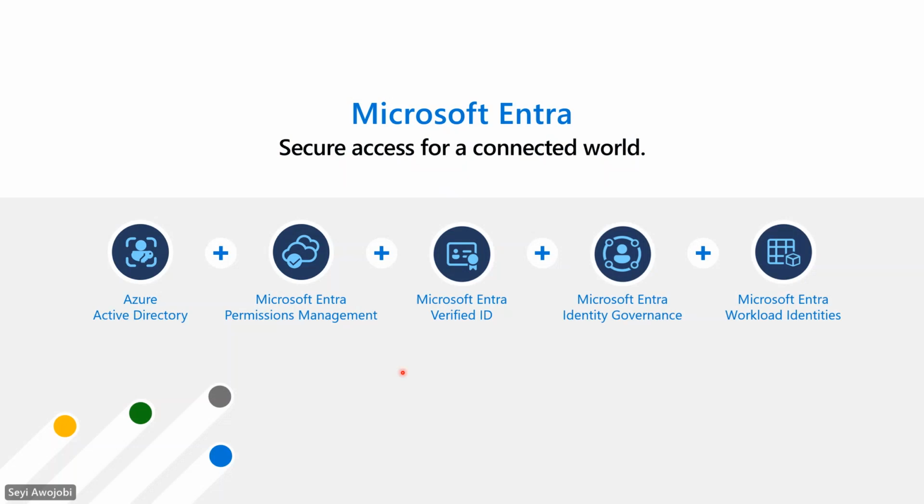So a lot of you might already know that Microsoft loves to rename and rebrand our solutions. So if you're not familiar with the Entra name, no sweat. Microsoft Entra is a family of products that encompasses all identity and access capabilities. You can see that within the Entra family, there are several products along with Azure Active Directory, like Verified ID, Permissions Management, and Identity Governance.